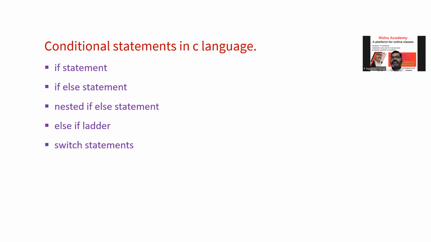Or we need to check whether to execute a part of the program or not. Based on the condition, we take the decision. If the condition is true, which part of the program should be executed?